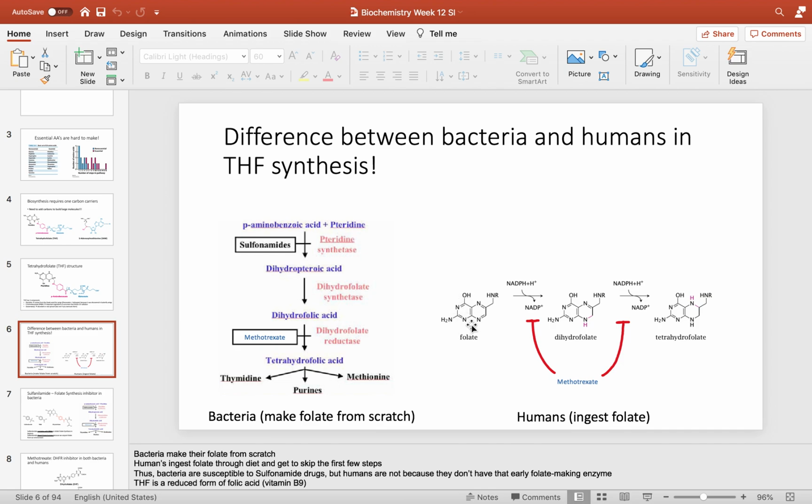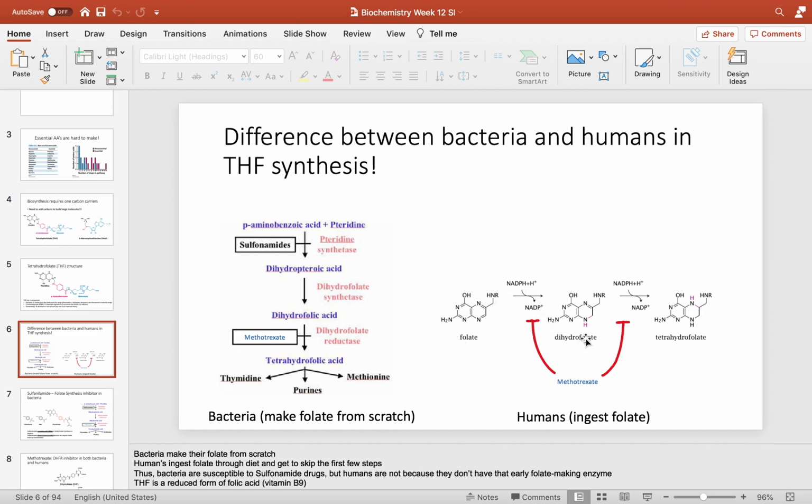So they'll take this folate, and they have an enzyme called Dihydrofolate Reductase, DHFR. What that enzyme will do is it catalyzes 2 successive reduction reactions. The first one, folate will be reduced by NADPH, which is a good reducing agent, and that'll form dihydrofolate.